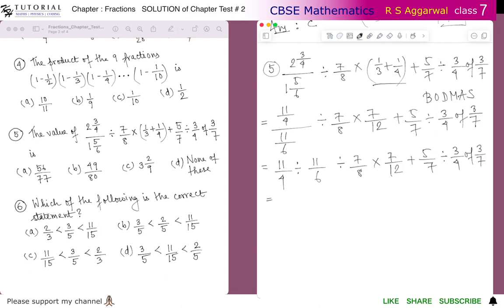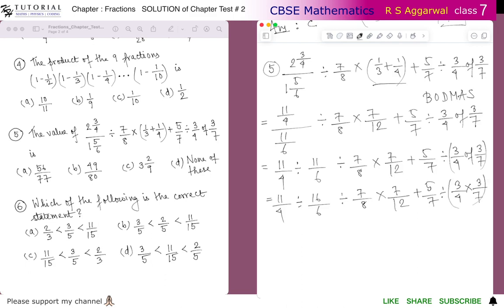So this will become 5 by 7 divided by, now this is of operator means 3 by 4 into 3 by 7. Now actually we have to keep this in parenthesis because we have to evaluate this first.